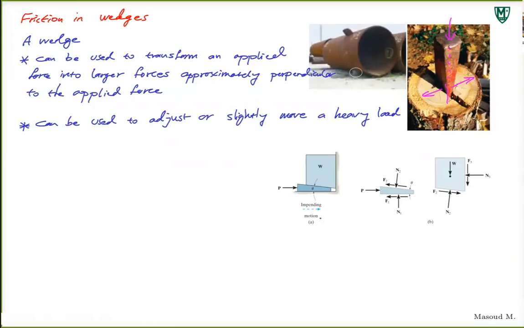So this is the free body diagram of the wedge. If you look at it this way, this is the free body diagram of the wedge, and this is the free body diagram of the block.